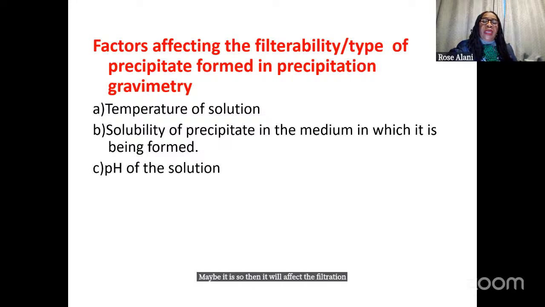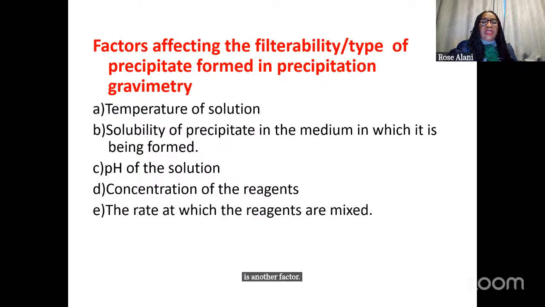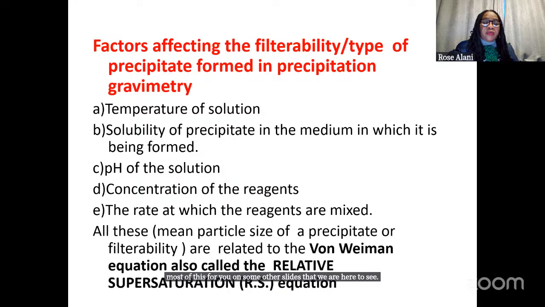Then pH of solution is also another issue. And then concentration of the reagents is another factor. The rate at which the reagents are mixed is another factor. All these, I have some explanations on most of this for you on some other slides that we'll soon see.